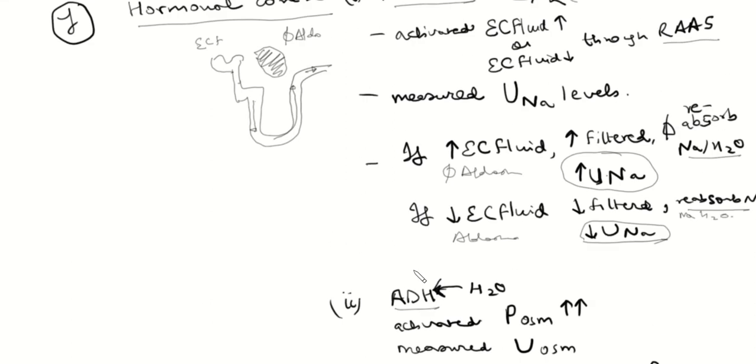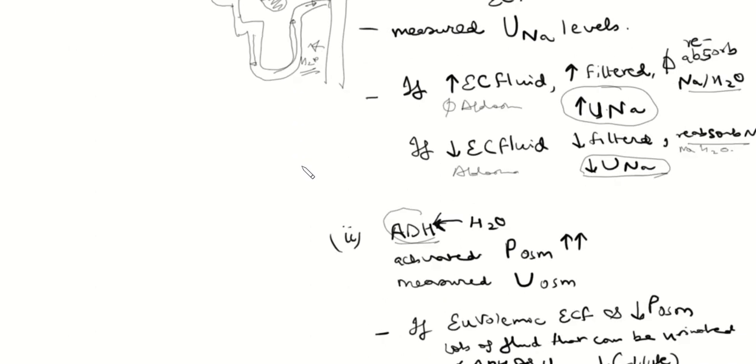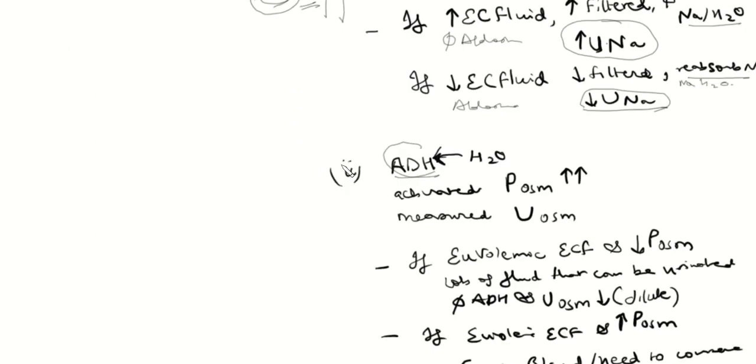There's another hormone, which is ADH. What ADH does is, when it is activated, it absorbs only water. So you don't absorb sodium, you just absorb free water. So how does it get activated? It's got to do with plasma osmolarity. When plasma osmolarity is high, ADH is released and it absorbs water.